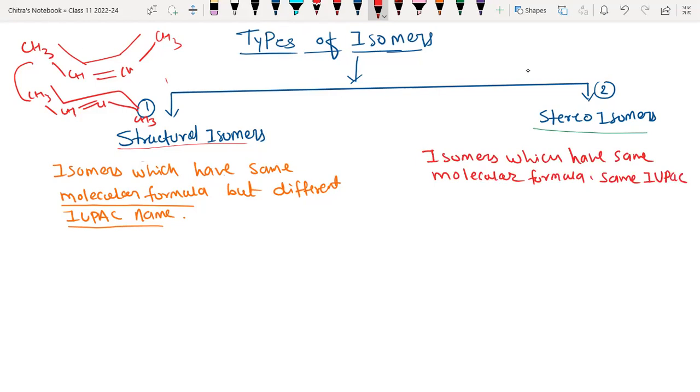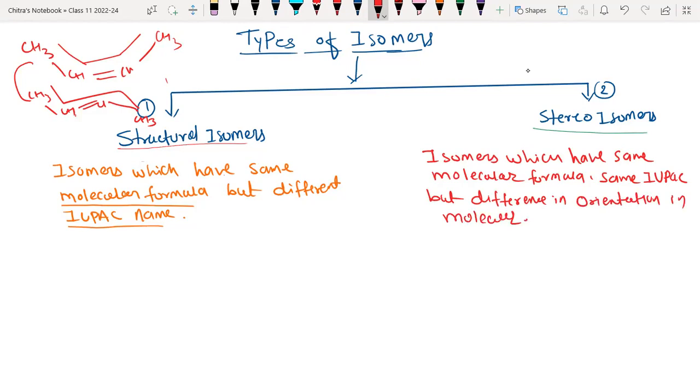Same molecular formula, same IUPAC name, but difference in orientation of molecules are called stereoisomers.